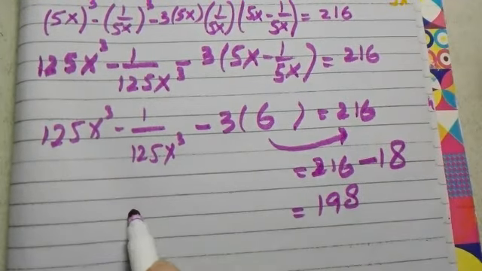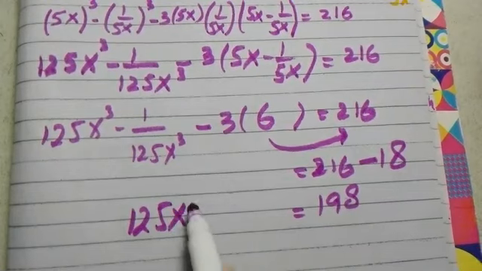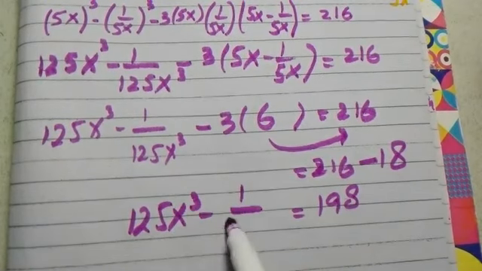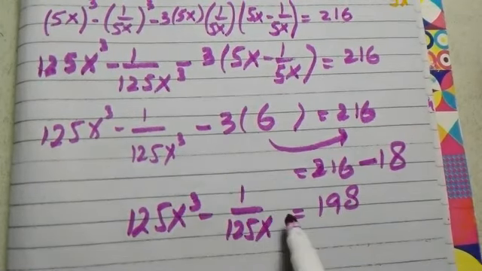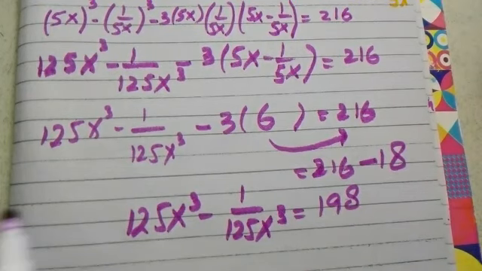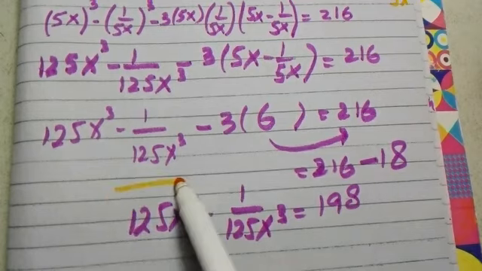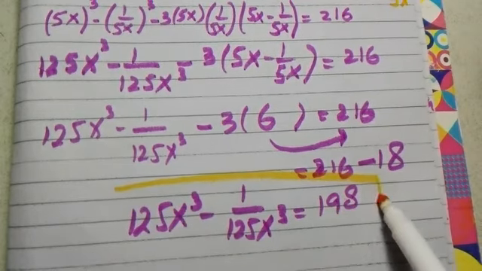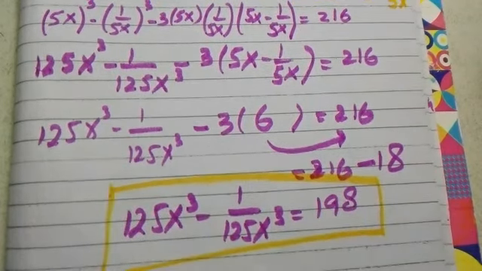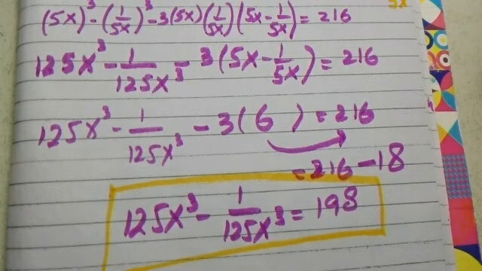So it will be the answer. This is how you will finish it. It is a requirement. So it is an important question. I hope that you will understand it.